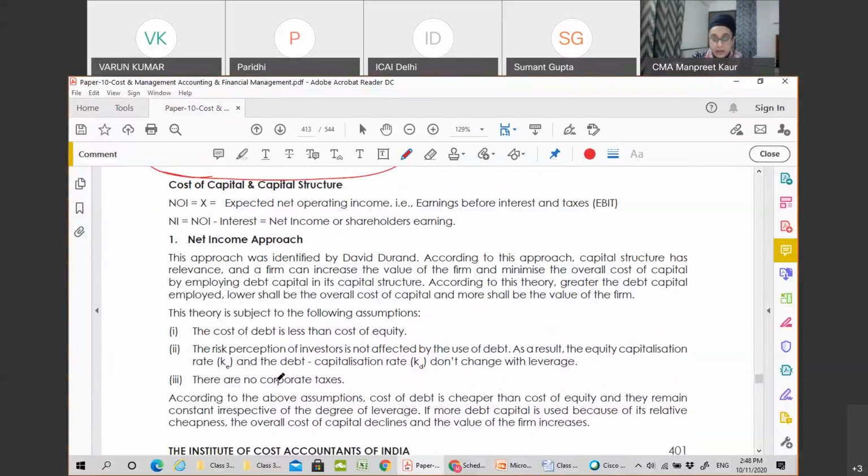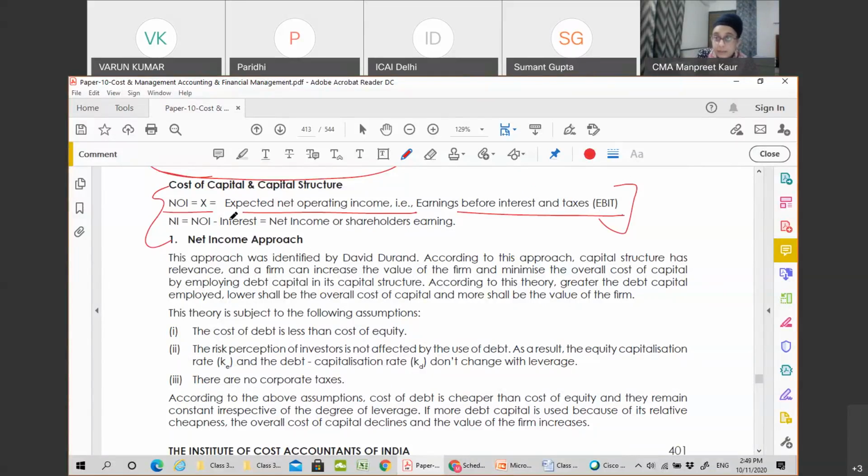What do NI and NOI mean? I will tell you. NOI is the expected net operating income, because we are going to start with the NOI approach, meaning EBIT. NOI is equal to EBIT.